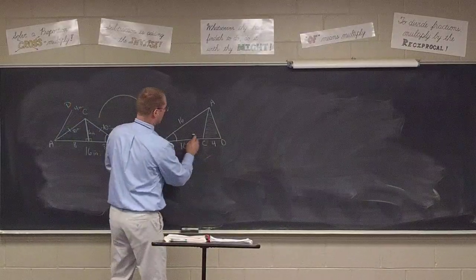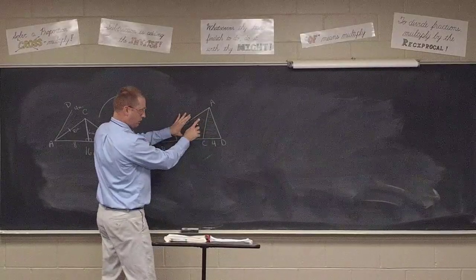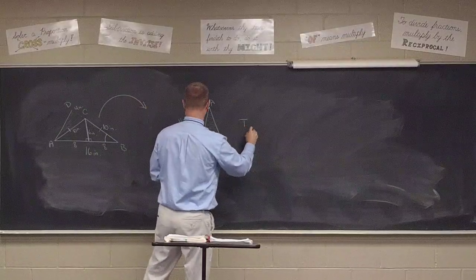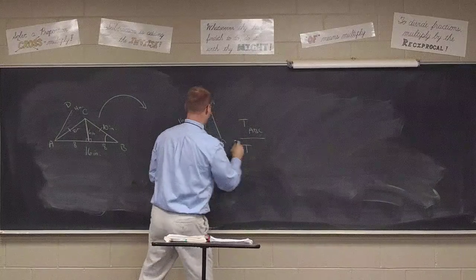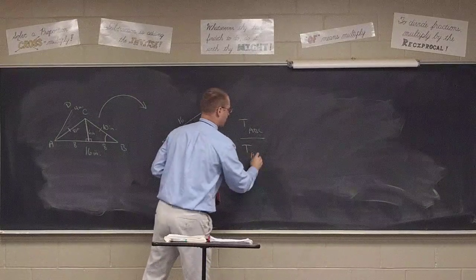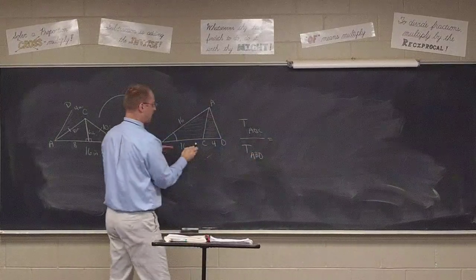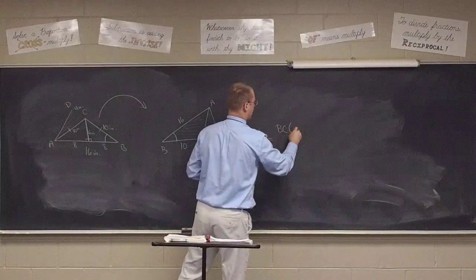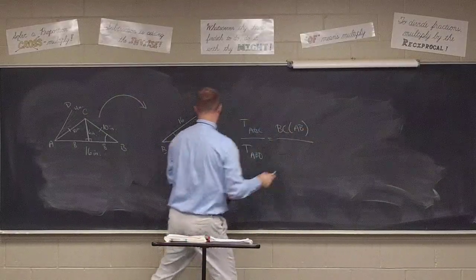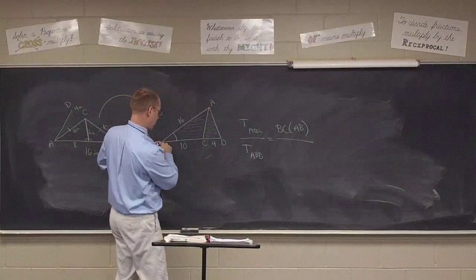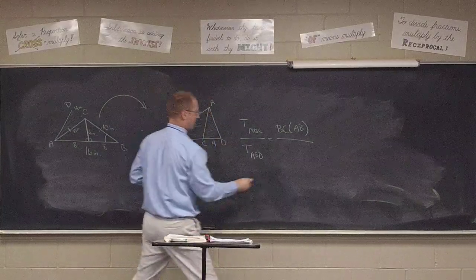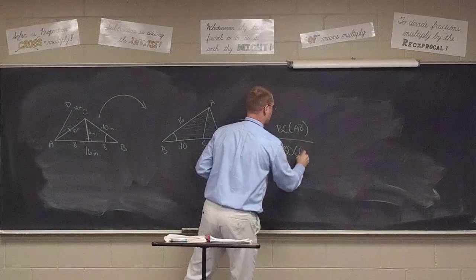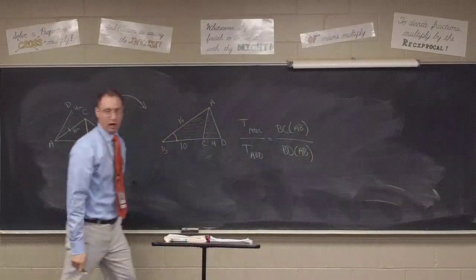So the area of ABC is to the area of the bigger triangle, ABD, as the product of the sides BC and AB to the product of the sides BD and AB.